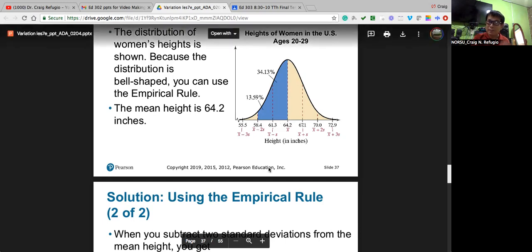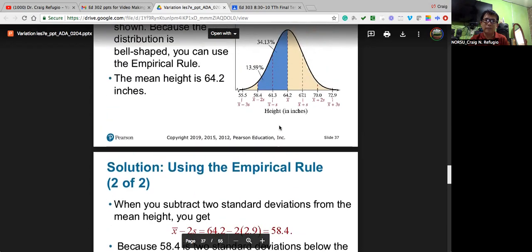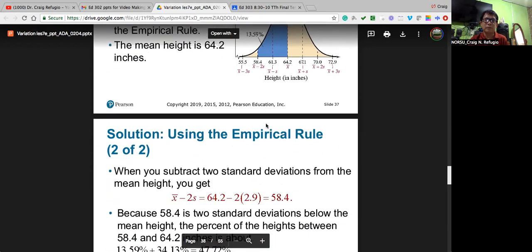So we have now this curve with the mean 64.2 and a standard deviation of 2.9, with three standard deviations going to the right and three going to the left side. Again, when you subtract two standard deviations from the mean height, you get x bar minus 2s, which is 64.2 minus 2 times 2.9, so 58.4.